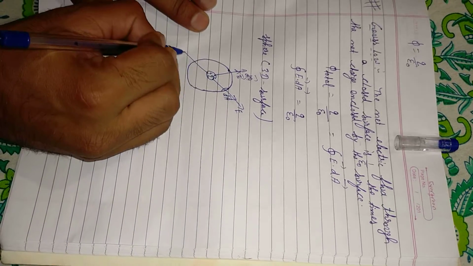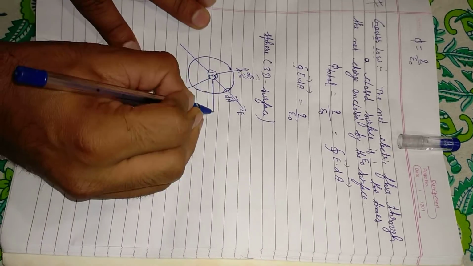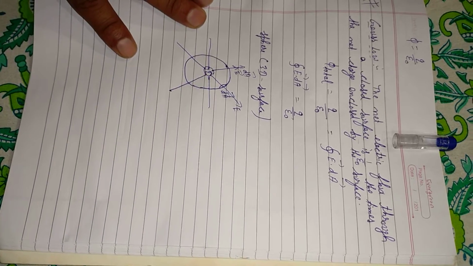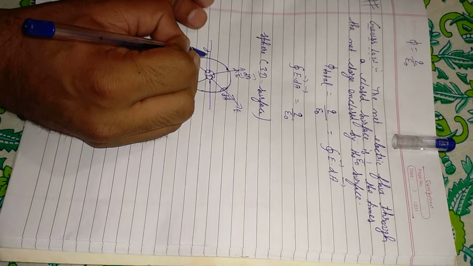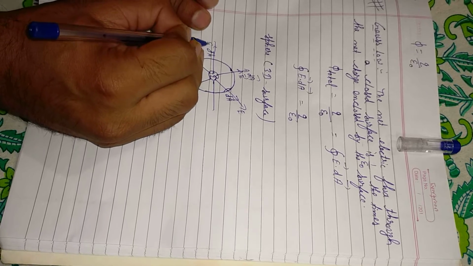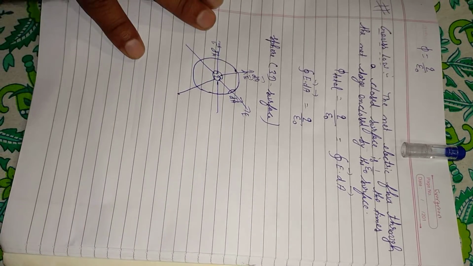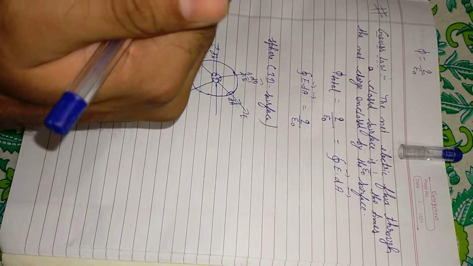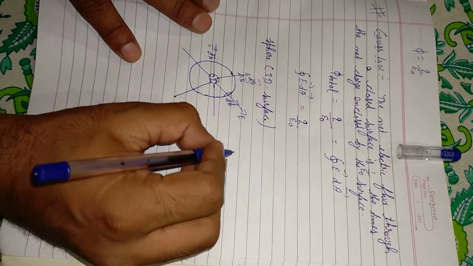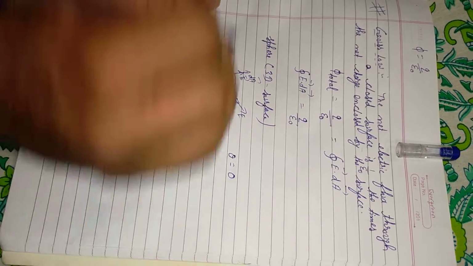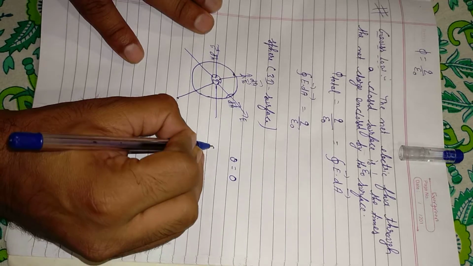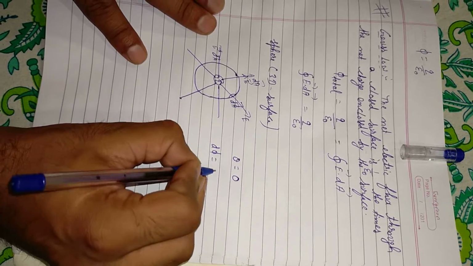Here also, all around, the electric field moves in this direction and the area vector is also outward, so theta is equal to 0.